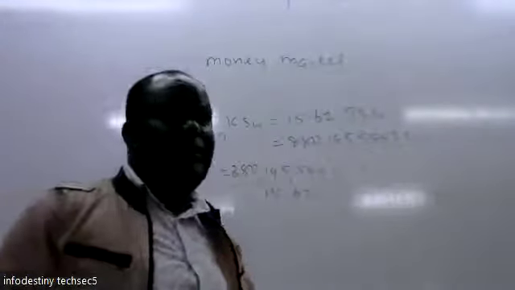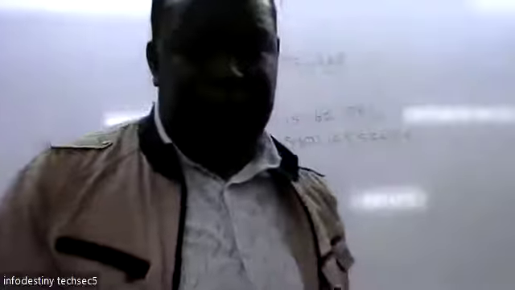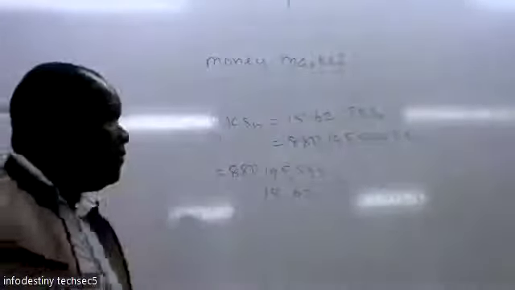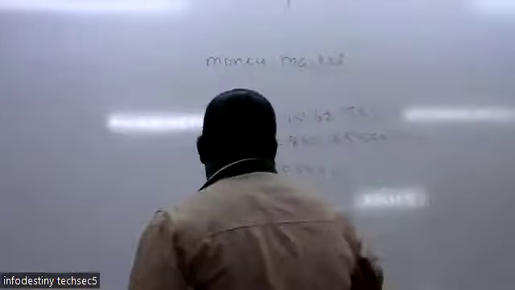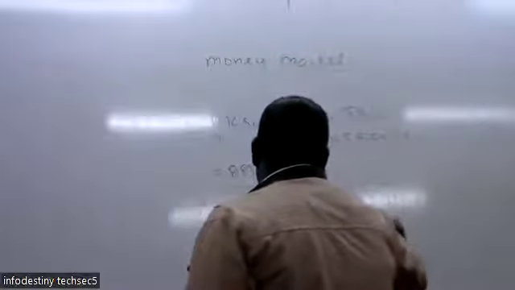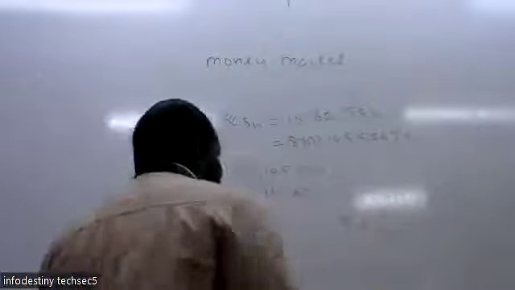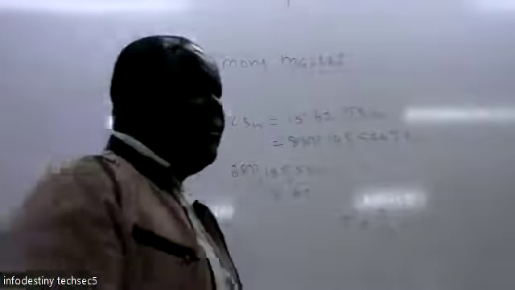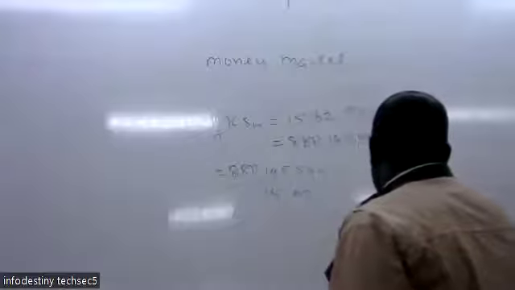Therefore, for the 3 months, it will be 5 multiplied by 3 over 12, which is supposed to be which one? 1.25.